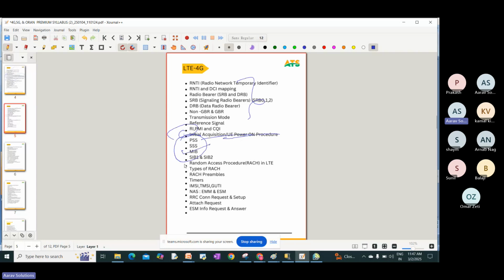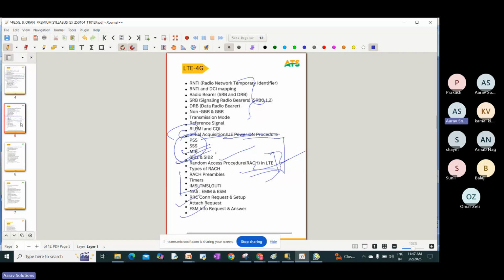Then we have MIB, SIB, and RACH, and what kind of parameters we have in the RACH. I will try to show you in the log as well, so that you will have some basic understanding of these topics. Next we have NAS initial attach and PDN connectivity request.